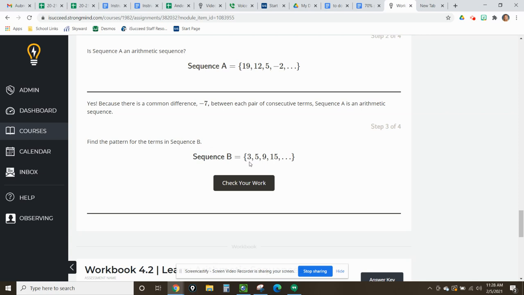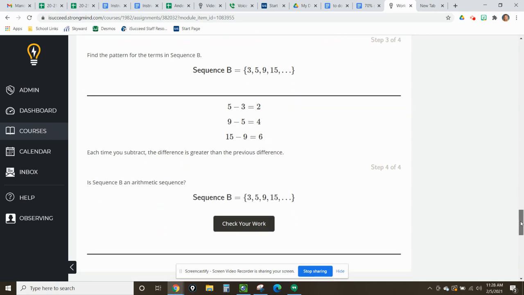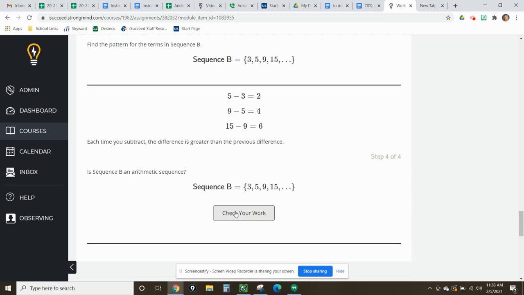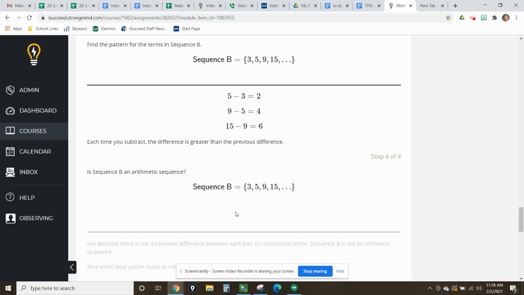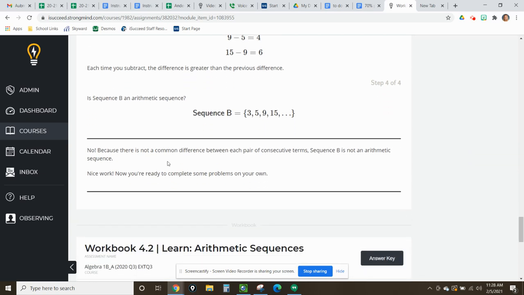It looks like I'm adding 2 and then 4 and then 6. Let's see what they have to say about that. Yep, each time the difference is greater than the previous difference. The first difference was 2, then 4, then 6. So is sequence B an arithmetic sequence? We just said no, because it doesn't add the same thing every time. And that's what they said, no.